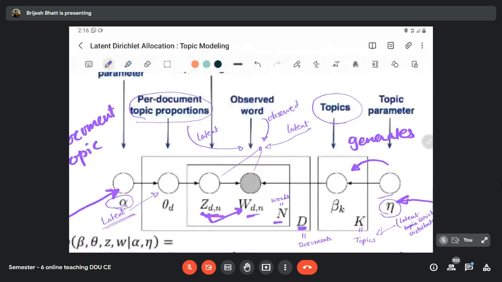So what we can see is shown here as a brown circle called word. WDN means word of D documents N words, or nth word of Dth document. And what we want to assign is Z, that is the topic of that word.